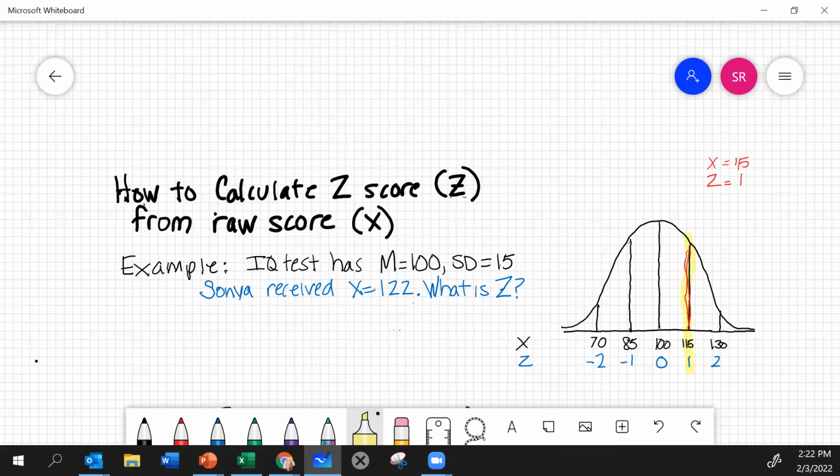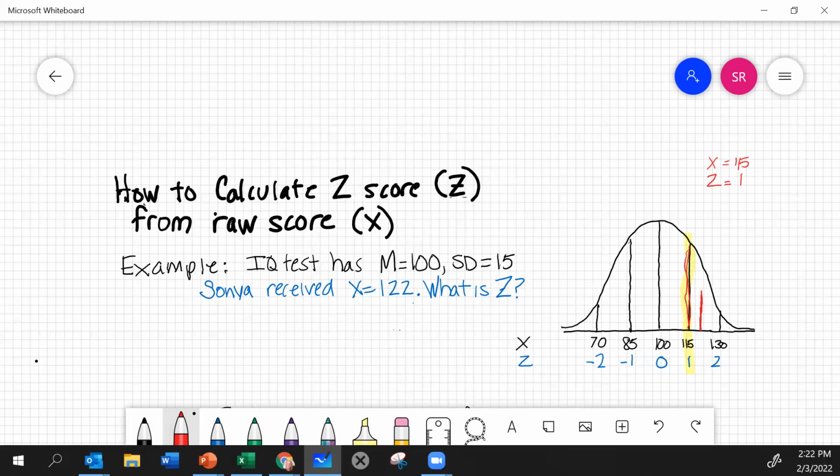And in this example, Sonia received a score of 122. And so we're going to need to do some calculations. But the first thing we'll do is put this 122 about where it would be on the distribution so we can get an idea of what we're looking for. It would be somewhere between 115 and 130.